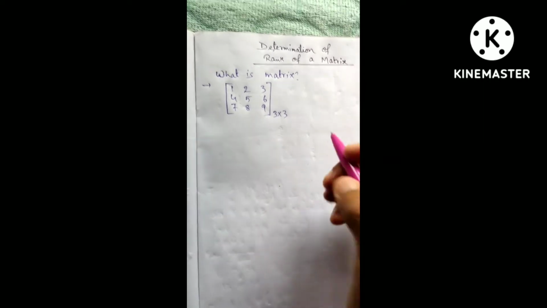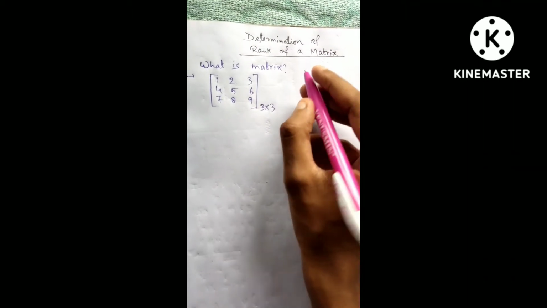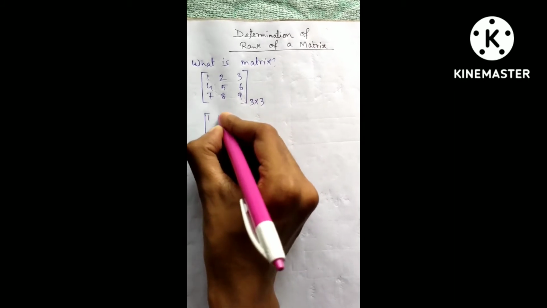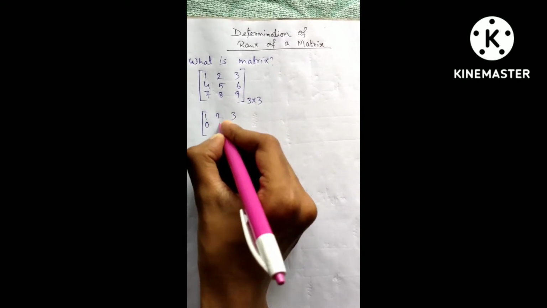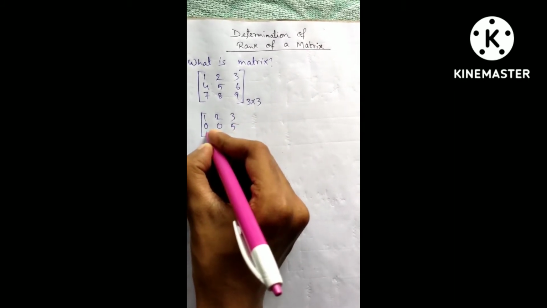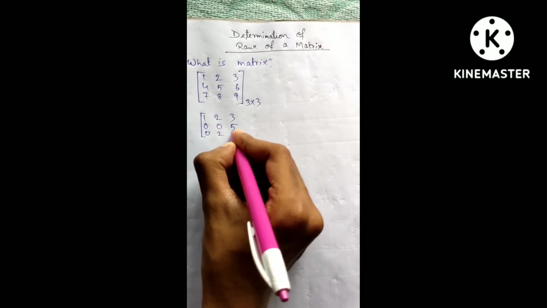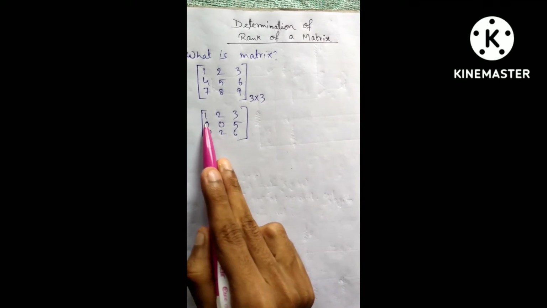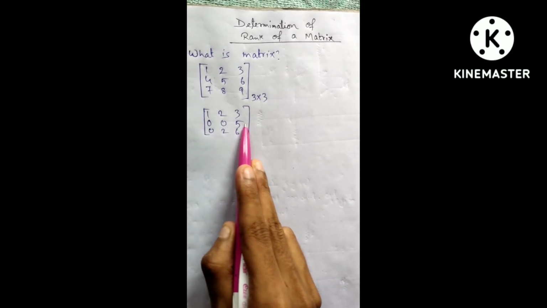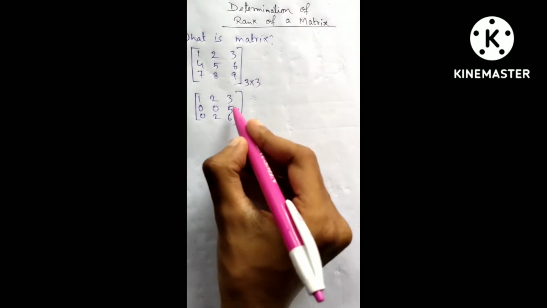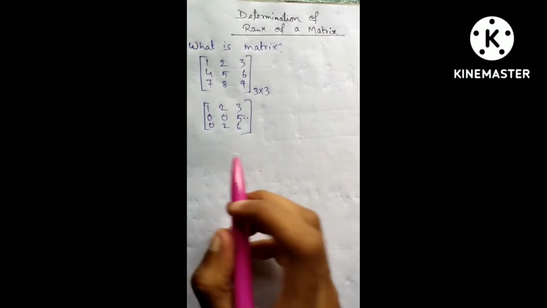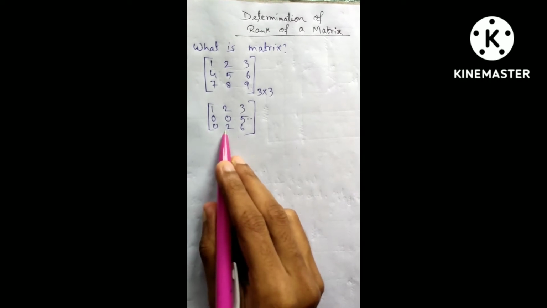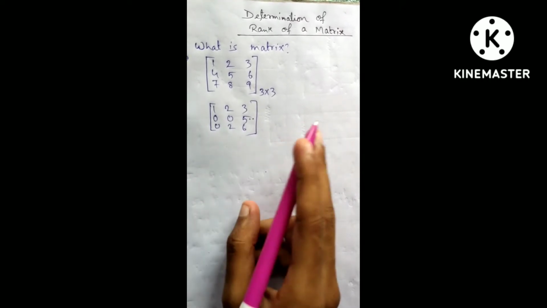Okay, suppose it is a matrix. In the second row there is a non-zero element 5. In the third row there are two non-zero elements 2 and 6.